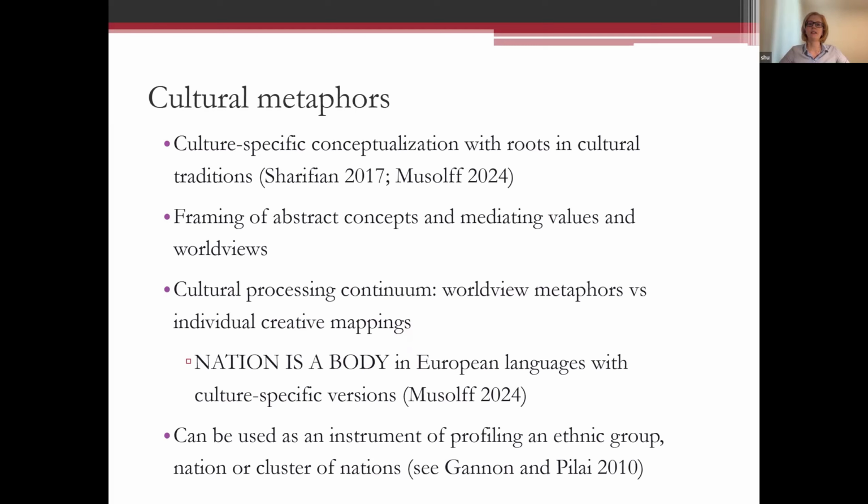Thus, he distinguished between worldview metaphors, such as nation is a body, that can be found in different European languages with their culture-specific versions. And on the other side of the spectrum are individual creative mappings, which appear in our everyday speech. However, these are easily understood by the members of the linguistic community.